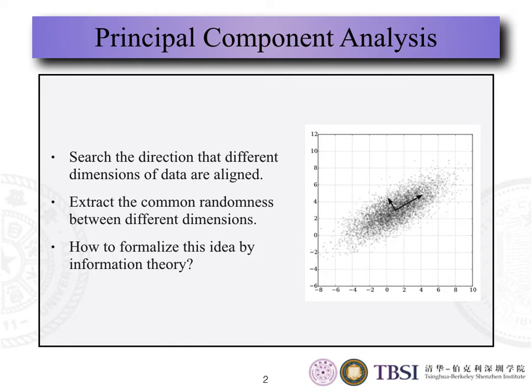Intuitively, the principal directions selected by PCA capture quite a lot of common randomness shared between different dimensions of the data vectors. And in that sense, PCA could be viewed as trying to extract a certain kind of common information between different parts of data. Then the question is how this intuition could be formalized by information theory in unsupervised learning.